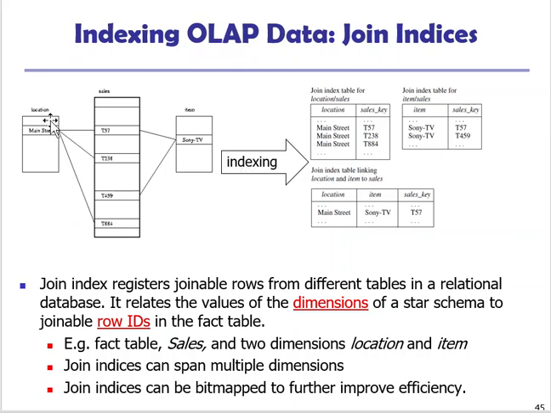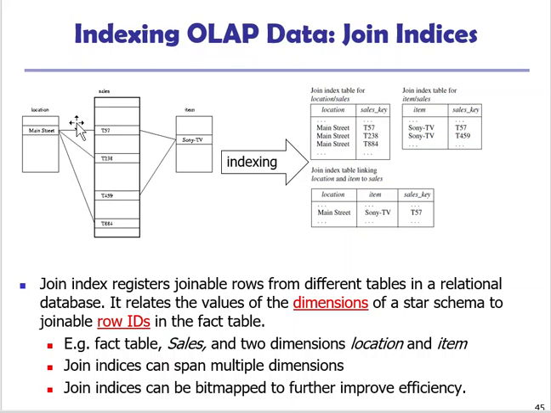In the location table, we have a location called Main Street, and 3 rows in the fact table are related to the location ID pointing to Main Street. So instead of having to go through this location ID to find Main Street, we can directly save this location name with the primary key of the sales table, the ID for the sales.